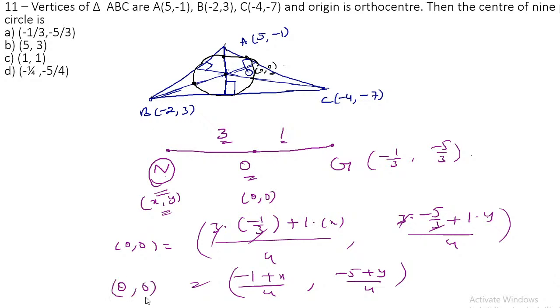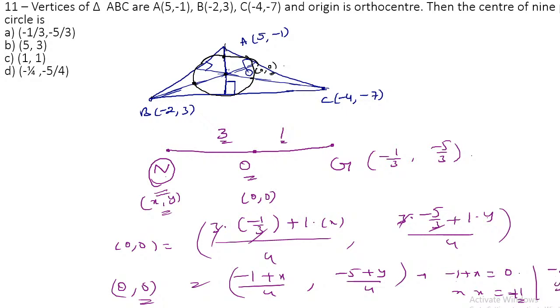So equating the coordinates on both sides, we get -1 + x is equal to 0. This implies x is equal to... sorry, x is equal to 1. This -1 goes to this side, right? And -5 + y is equal to 0, so y is equal to 5.